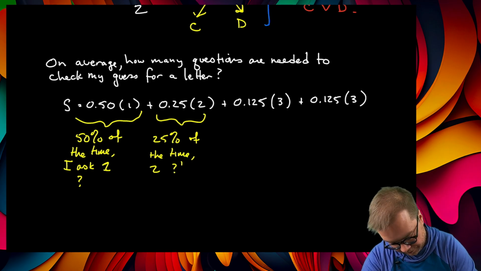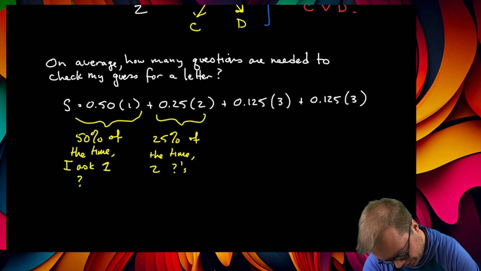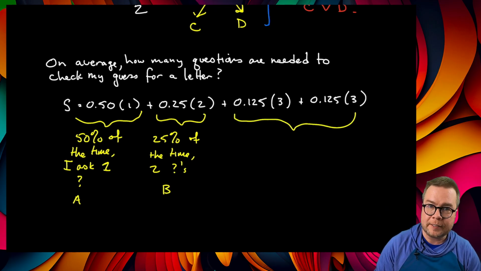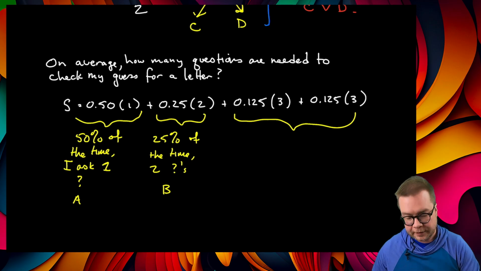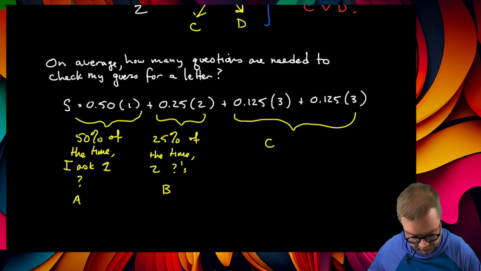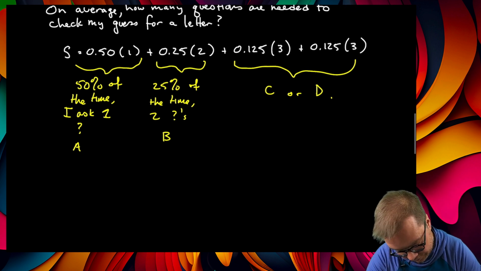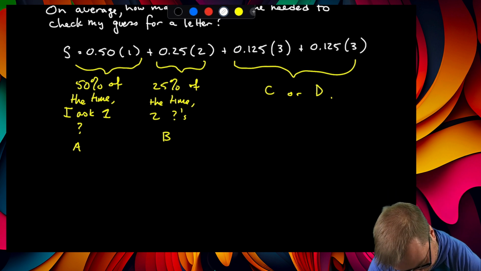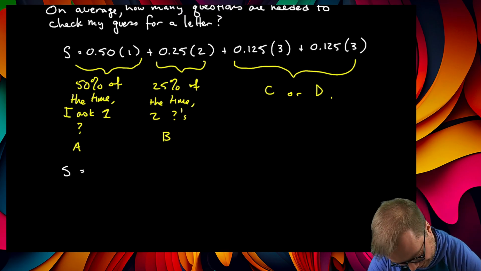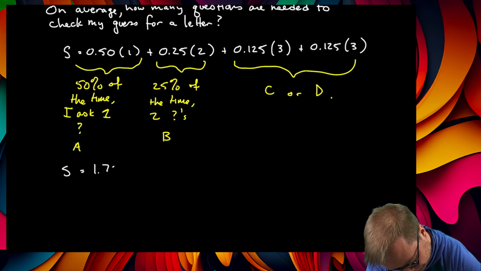And then, this is going to tell me if it's A, this is going to tell me if it's B, and I could write similar things here. 12.5% of the time, I'm going to have to ask 3 questions, and that will tell me whether it's C or D. And so we could add this up. We can add up these numbers, and we would see that on average, for any given letter that this thing spits out, I need to ask on average about 1.75 questions.